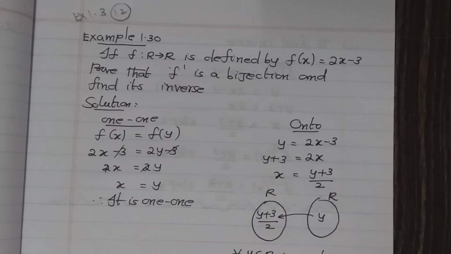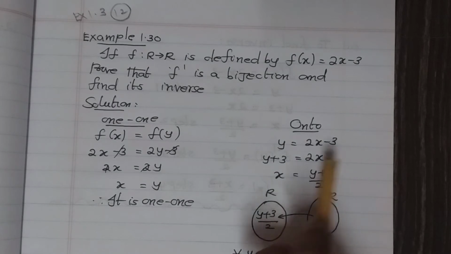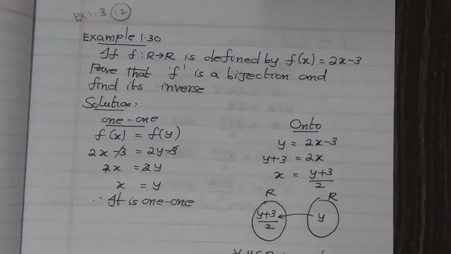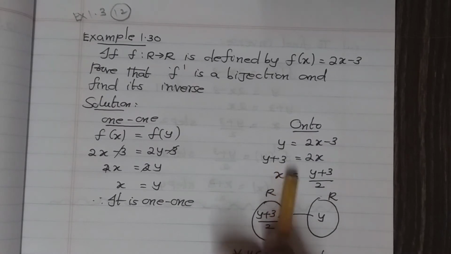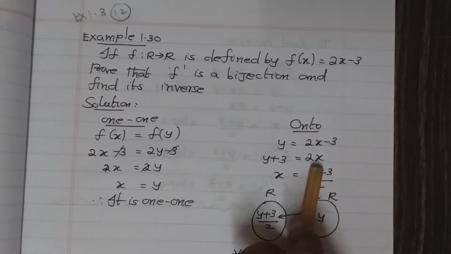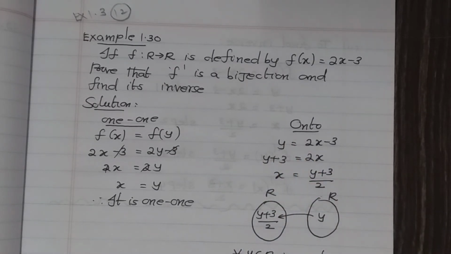Then onto function. For onto function, you have to bring x in terms of y. We have to bring the pre-image. So y is equal to 2x minus 3. y plus 3 is equal to 2x, because minus 3 when it comes this side becomes positive. Now x is equal to y plus 3 by 2, because 2 is in multiplication, when it comes this side, division. So now the diagram is like this. This is the pre-image, the x value always in the domain.